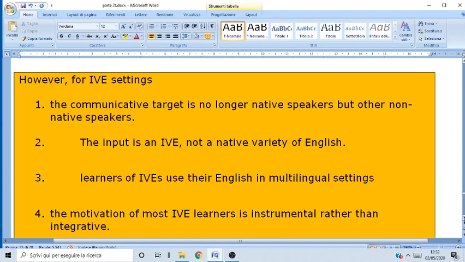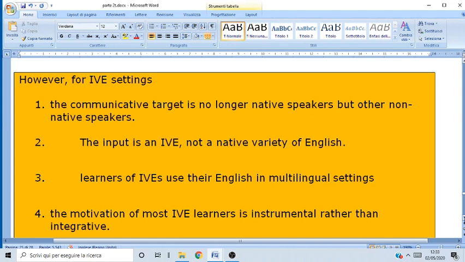And when they're using English, they're not using it just with people from the inner circle. They're using it in a multilingual setting. And inevitably, the mother tongue languages, the L1s, influence the way they speak English.